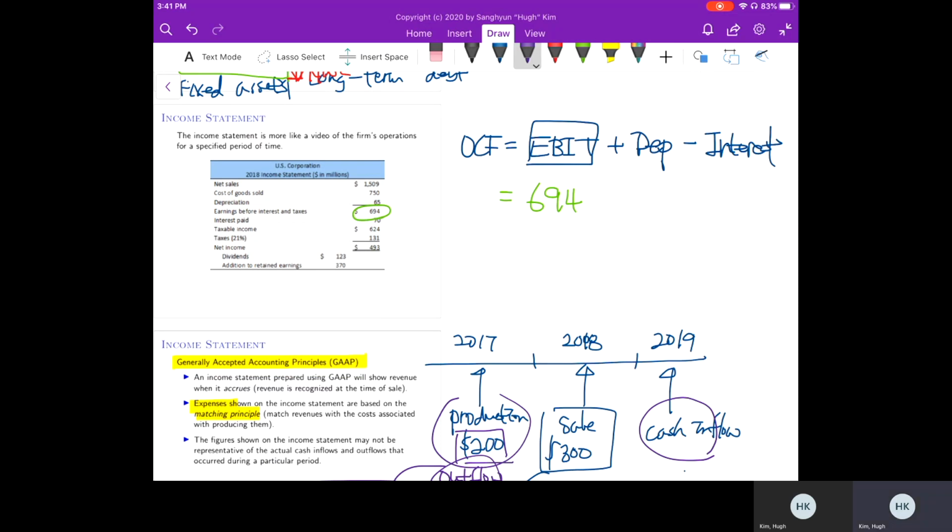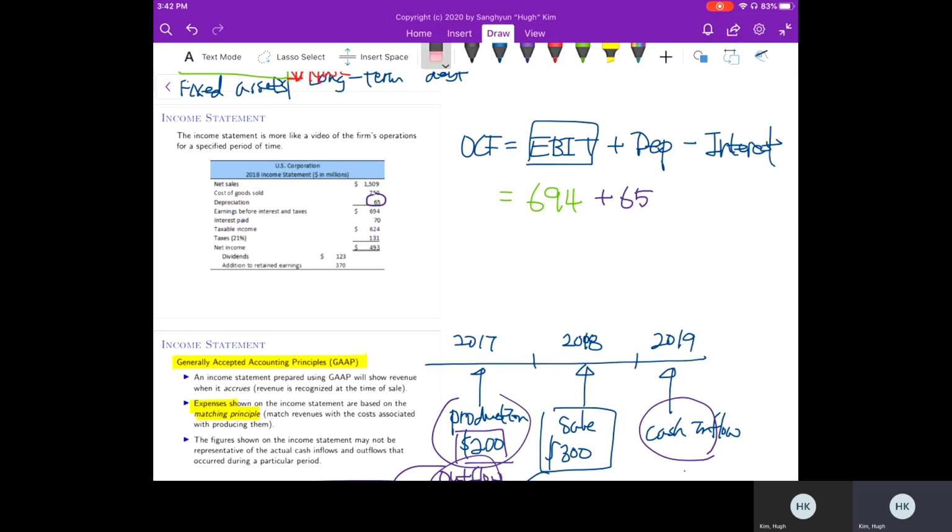And depreciation can be found here. So we add back 65, and interest here. No, excuse me. Oh, sorry.